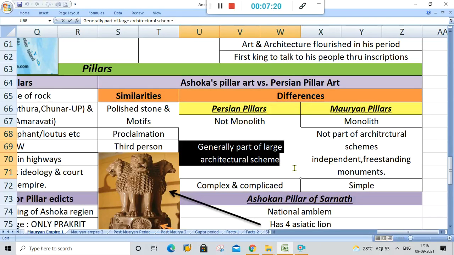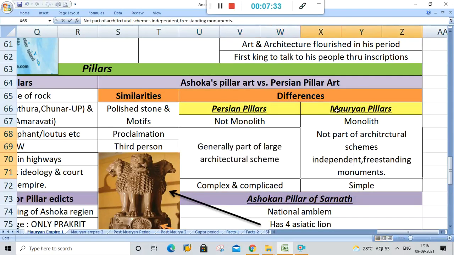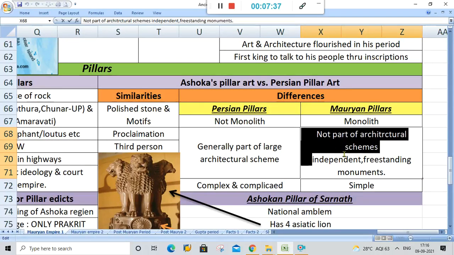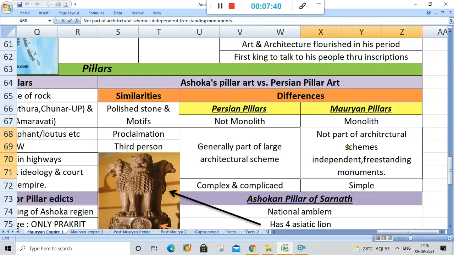Persian pillars are generally part of large architectural schemes. So there will be big architectural constructions happening at one place, and these pillars will be part of that huge architectural construction. However, when it comes to Ashokan pillars, they are not made as part of big architectural schemes or big architectural constructions.